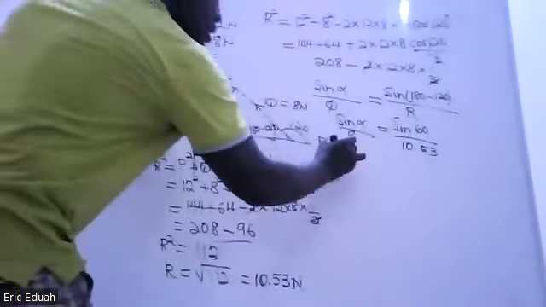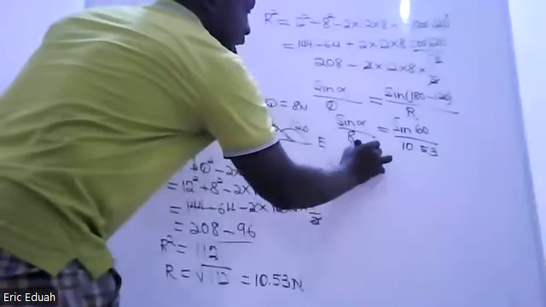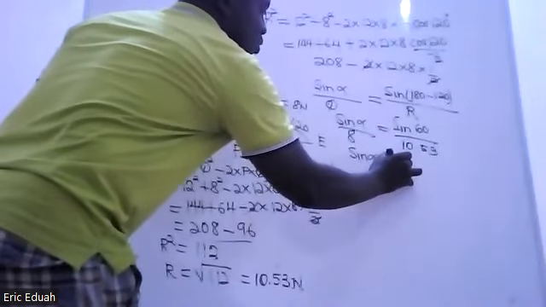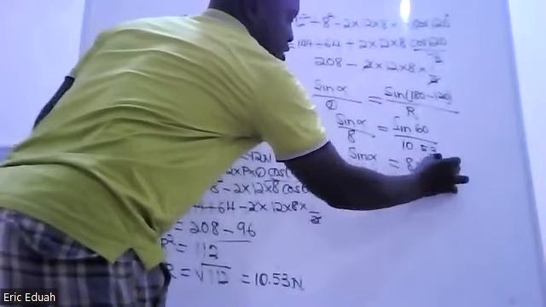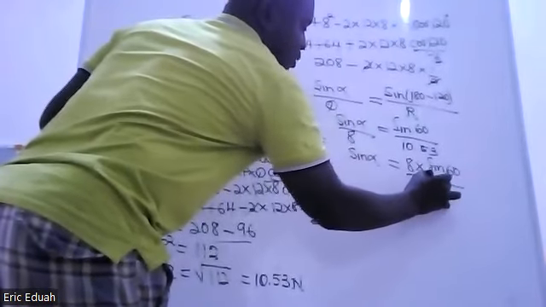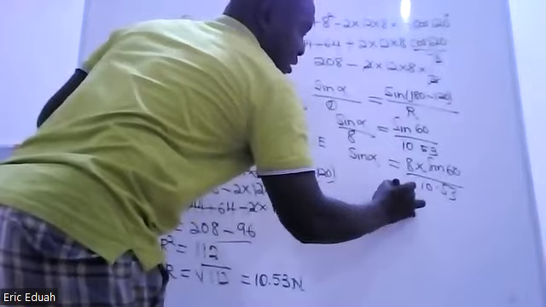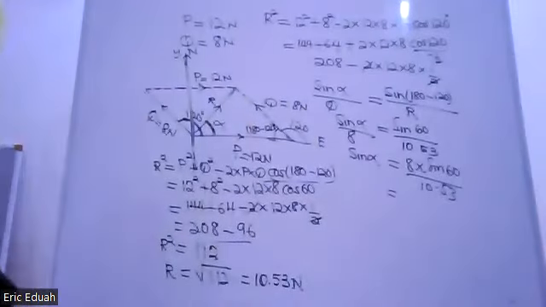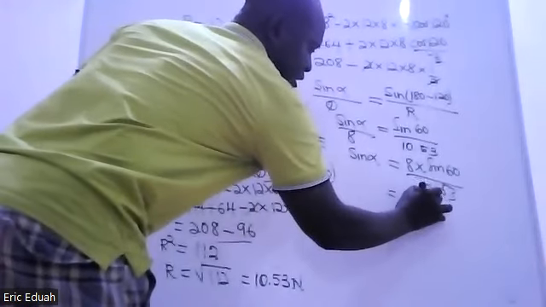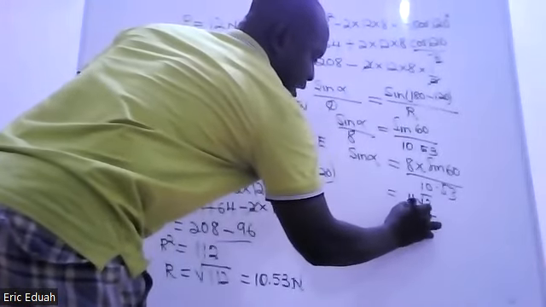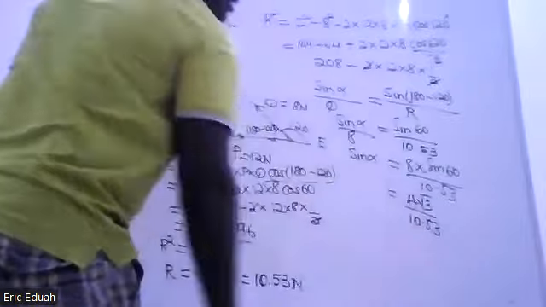Therefore, sine alpha is equal to 8 times sine 60 over 10.53. Sine 60 is root 3 on 2, so 4 root 3 divided by 10.53.